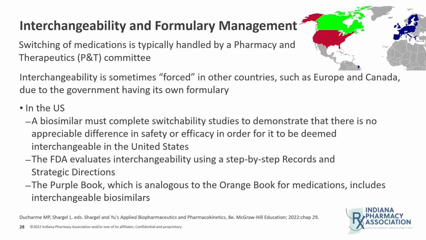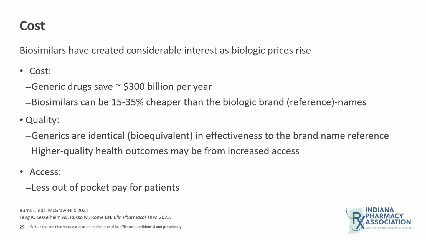Because again, if these drugs are helping people, we want them to be used, but another thing should be taken into account, and that is cost. Cost always plays a role in healthcare, where we can see billions of savings with generics. We can also see large savings in biosimilars compared to the reference product. So biosimilars could be 15 to 35% cheaper than the reference ones.